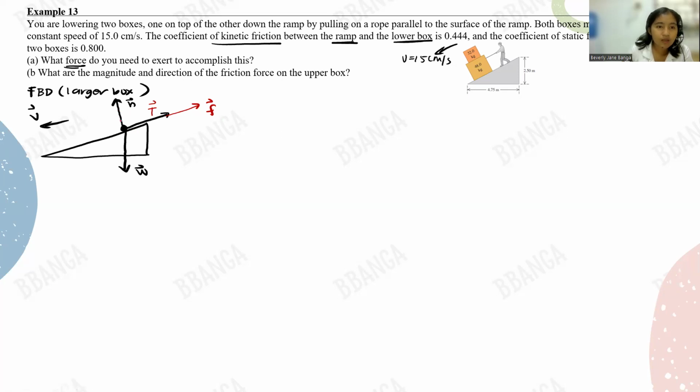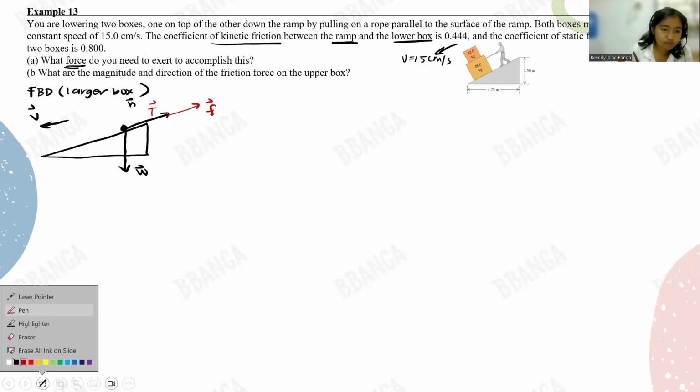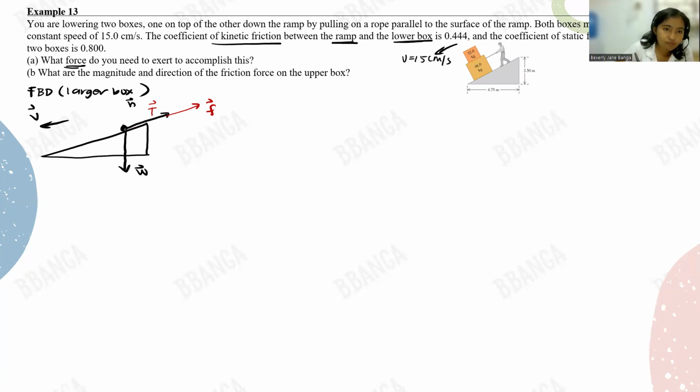So, again, pag ganito may ramp, hanapin nyo kung saan may perpendicular. So, perpendicular si normal sa surface niya. At the same time, perpendicular siya kay tension, tsaka kay friction. So, ang gagawin natin ay isa-set natin na si normal ang nasa y-axis.